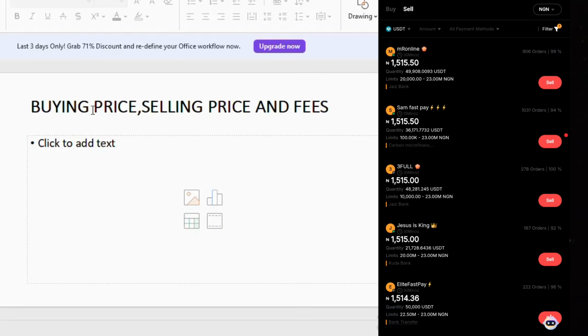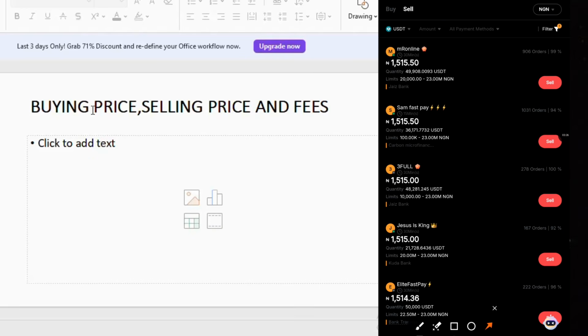Let's say I want to trade with 1 million naira. My capital is 1 million naira. You can use less than that, you can use 500k, 200k, or 300k, but let's say I want to trade with 1 million naira. There's a way to check out your buying price.